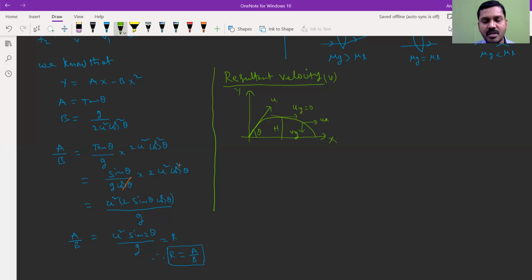But after a particular time t seconds, I'm resolving the velocity components vx and vy. Because the velocity along the y direction is 0 at maximum height, it changes from uy to vy, and the resultant of these two is along this direction v, and finally it makes an angle alpha with the ground level.